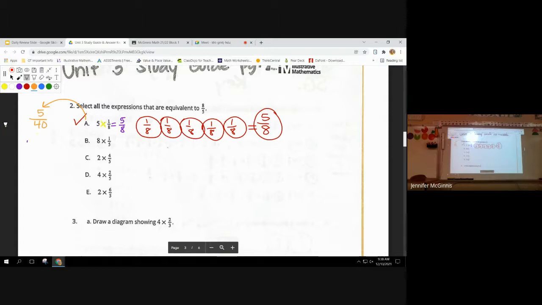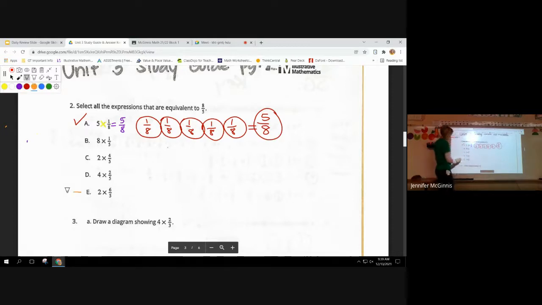What did we mess up, Gabe? You changed the size of the piece. We had 8ths, but then we changed it to 40ths. We're allowed to change the size of the piece as long as whatever you do to the bottom, you must do to the top. We didn't do that here. We changed the size of the piece, okay? So this is an error. We're going to erase the error.